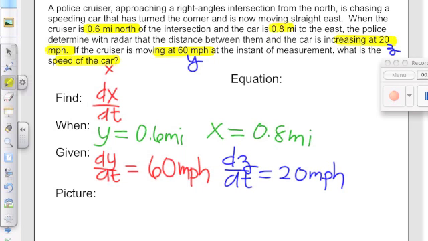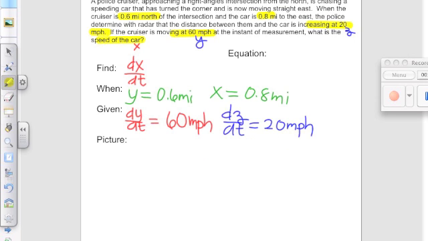Let's draw the picture just so we can make sure we're all on the same page. Here is my intersection. It's telling me that the cruiser is 0.6 miles north, so this is where my police car is.